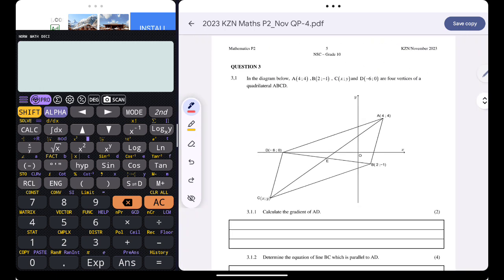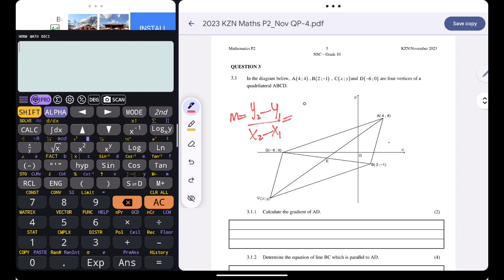Okay. Question 3. I'm told that in the diagram below, A, B, C, and D are 4 vertices of a quadrilateral. The first thing they want me to find is the gradient of line AD. For me to find the gradient, I'll simply say m is equal to y2 minus y1 over x2 minus x1, right?